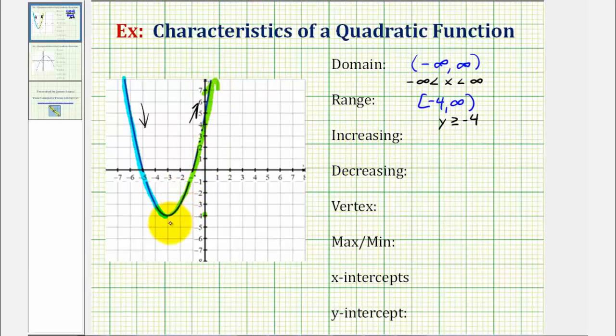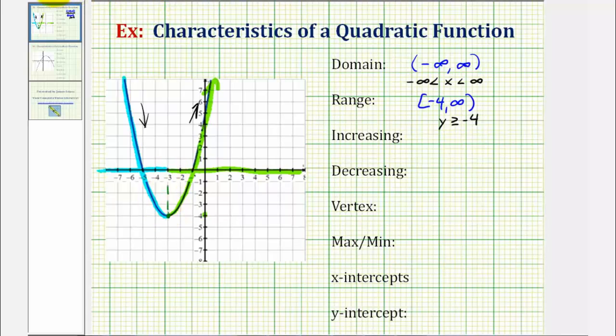When giving the interval for which the function is increasing or decreasing, we want to use x values. So notice how the x value of the vertex is -3. So the function is decreasing on the interval from -infinity to -3, and it's increasing on the interval from -3 to infinity. And we're not going to include -3 in either of these intervals.